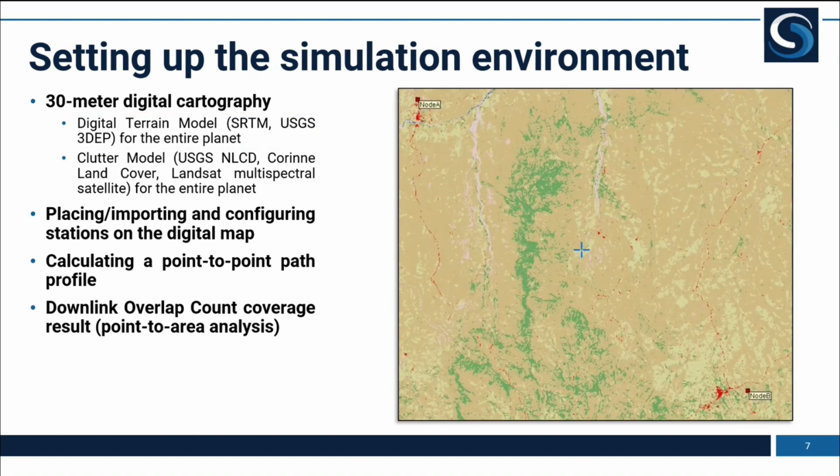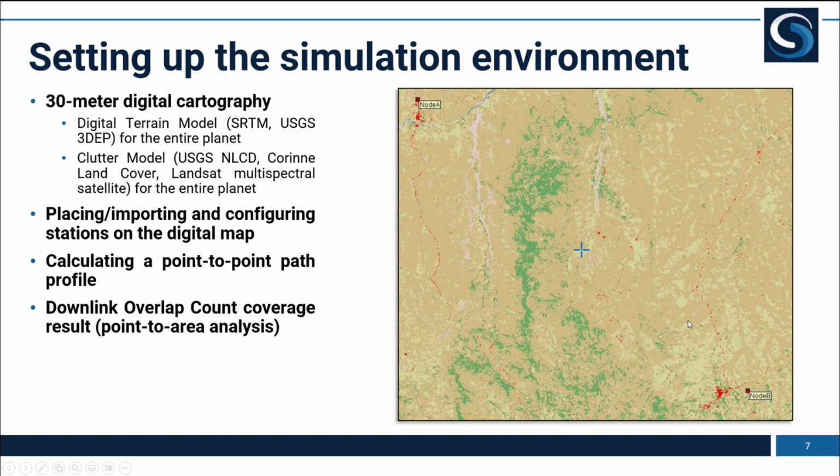This is an example of the clutter. So you can see there's color representations of different types of aggregate areas. So green is representing forested vegetative areas. You've got red here that represents like populated urban areas. You've got other colors such as blue that might represent water, or these different tan or kind of yellow colors that represent either rural areas or deserted areas.